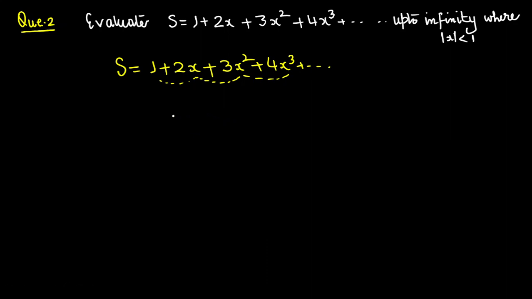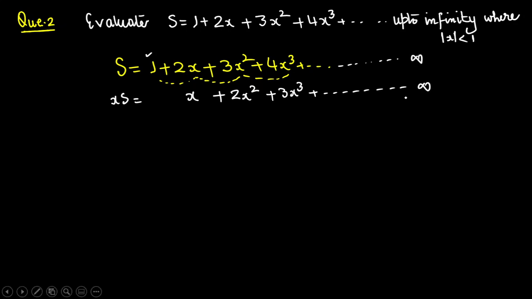Again you will multiply with x on the left and the right, but on the right side the terms get shifted by one place. It becomes x, 1 into x, 2x becomes 2x square, so I am writing here 2x square, 3x square becomes 3x cube, and this is an infinite GP, so I am not worrying about the nth term; I am writing infinite.